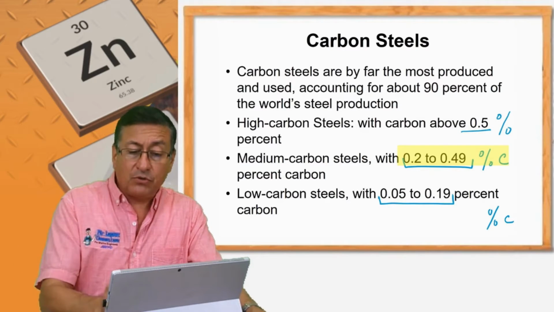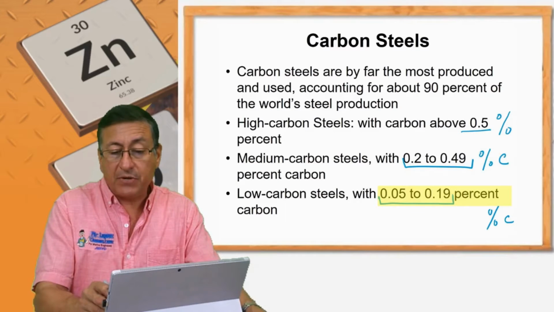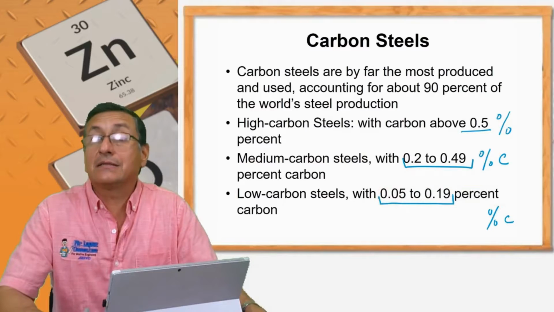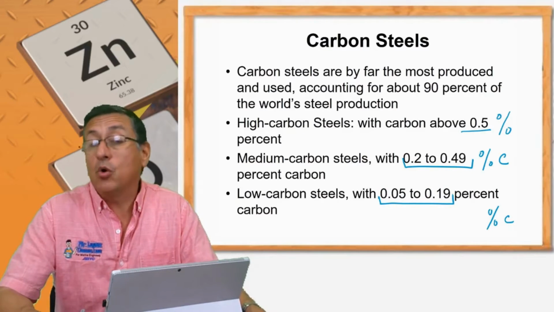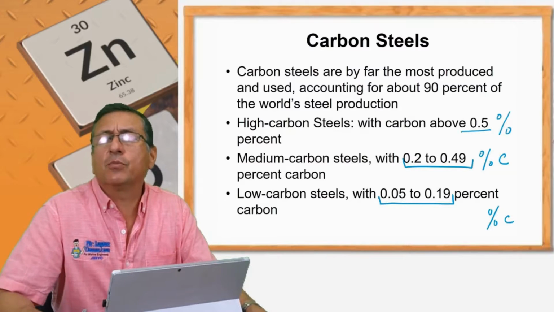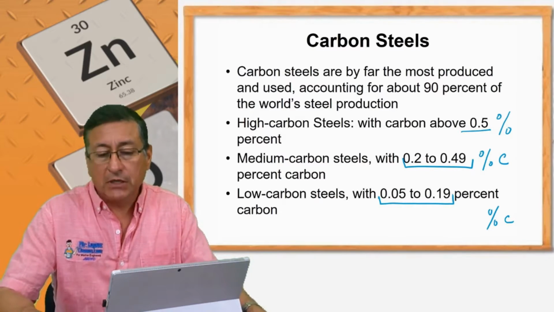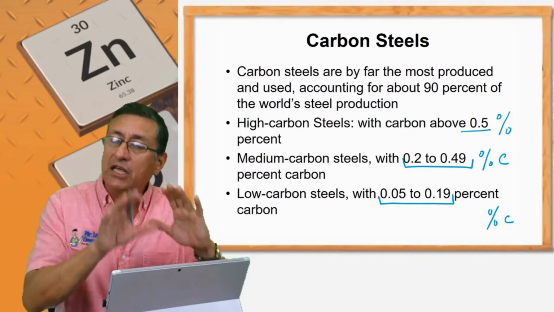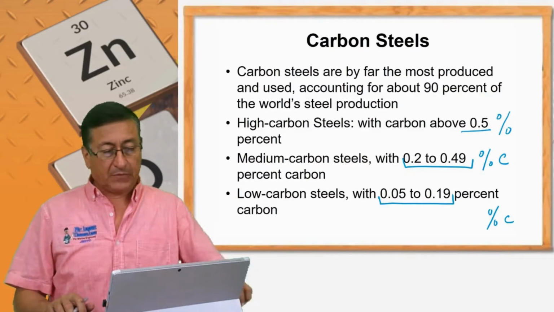And the low carbons are between 0.05 and 0.19%. For that reason, a marine grade stainless steel is considered low carbon steel because it's around 0.05% carbon. Okay, those are the amounts of carbon in each group of carbon steels.